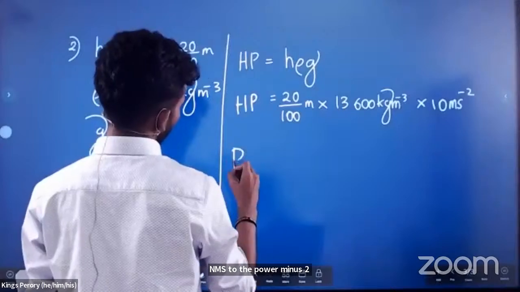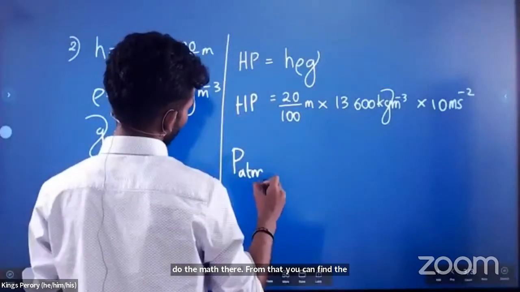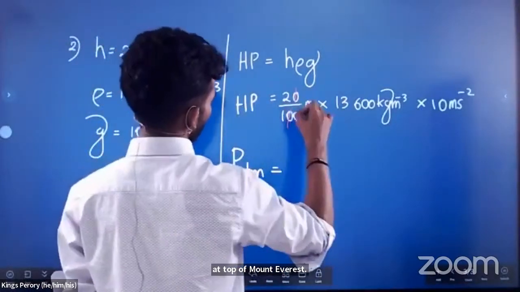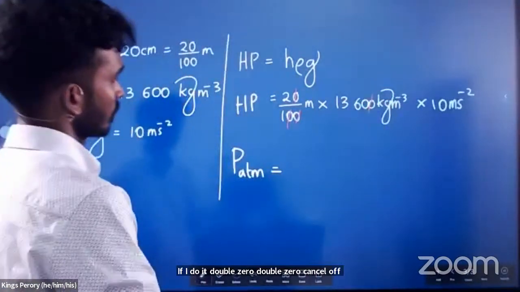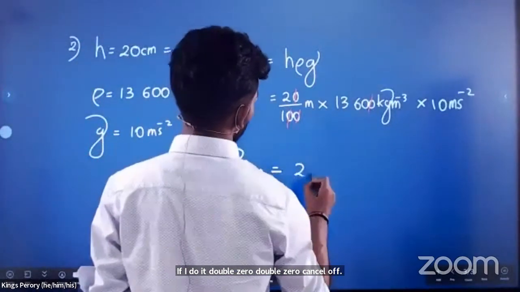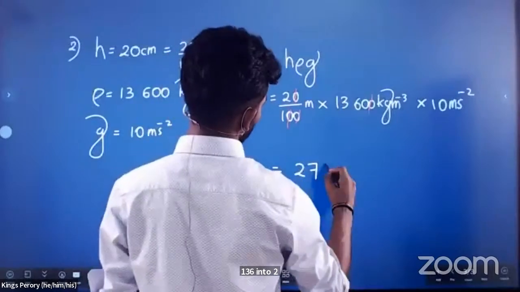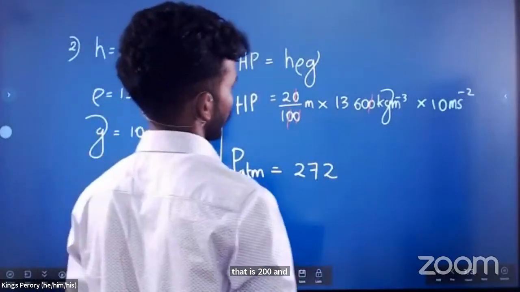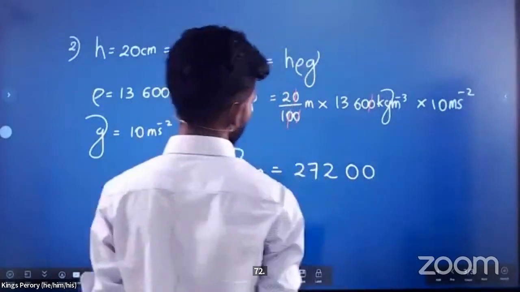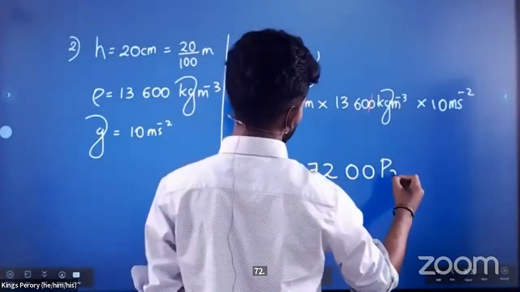From that, you can find the atmospheric pressure at the top of Mount Everest. So if I do it, the zeros cancel off. 136 into 2 is 272. Two zeros you put. 27,200 Pascal.